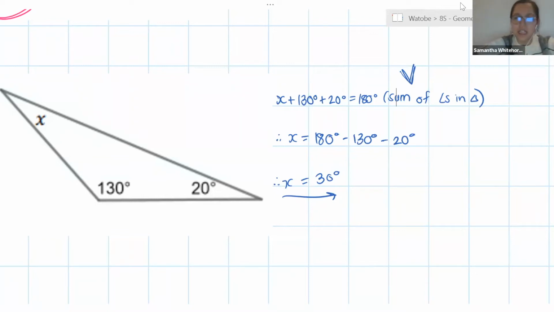So it's very much dependent on your teacher and how they mark. In grade 8, generally we're a little bit more lenient in that you might still get a mark for saying x plus 130 plus 120 equals 180, but you'd lose the reason mark. However, as you get higher into grade 10, 11, 12, the mark is for both the statement and the reason. So if you've got one missing, you're going to lose the whole mark. So that's why the reason is super important. Does that help?